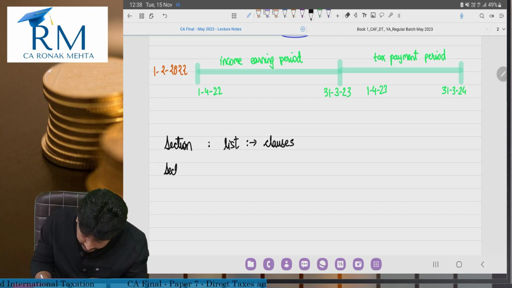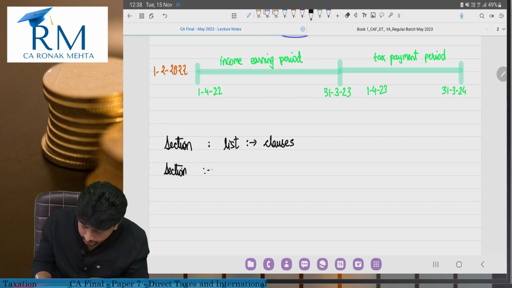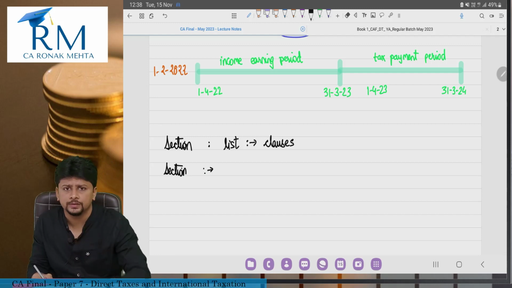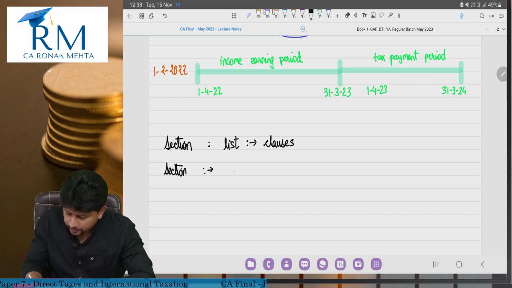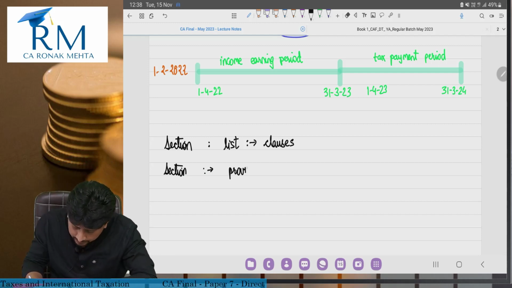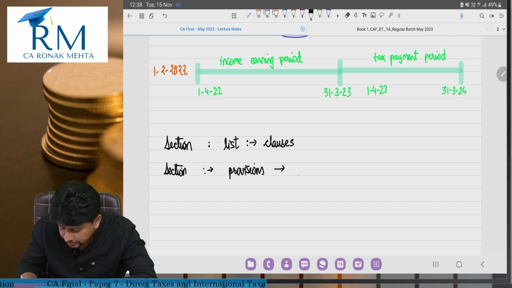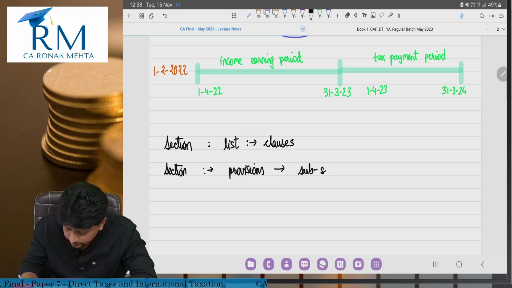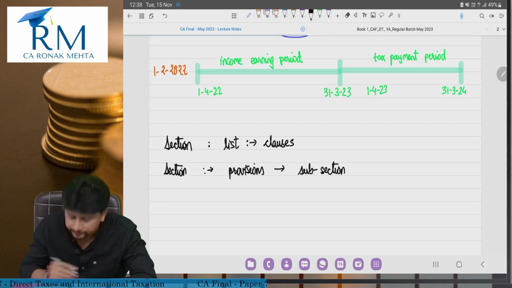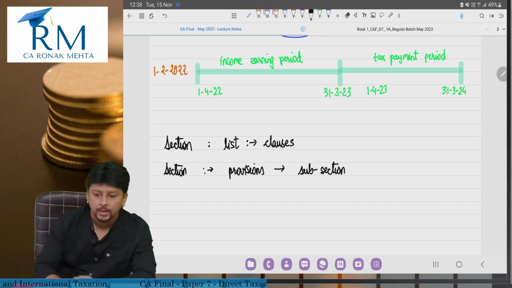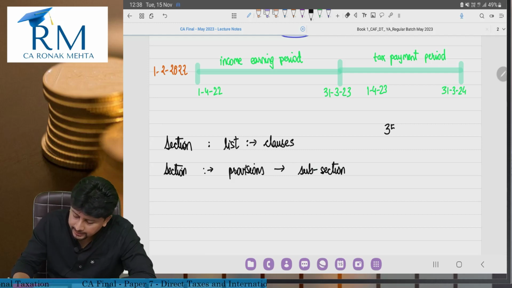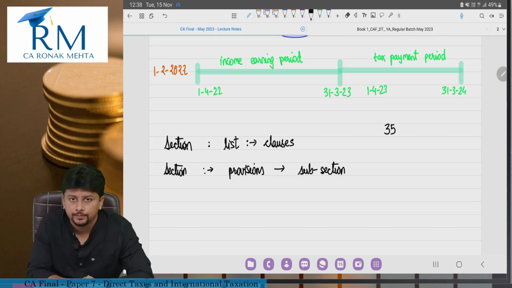But then if there is a section which is not a list of things, they are provisions definitely, but it is not a list, then you use the general nomenclature, which is subsection. So section 35, expenditure on scientific research.